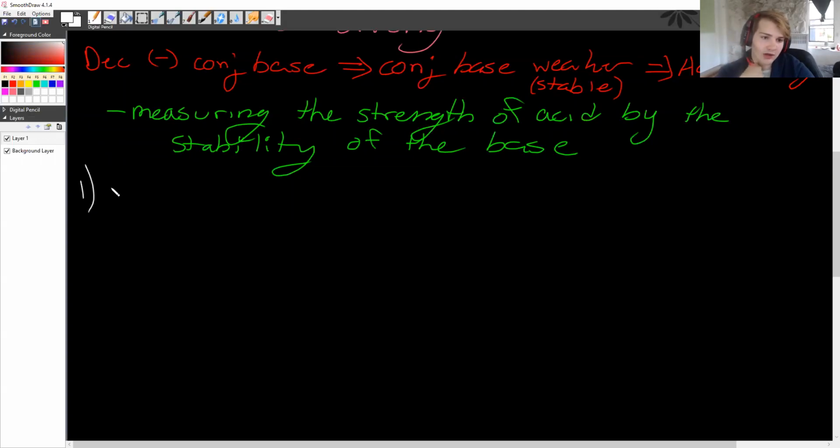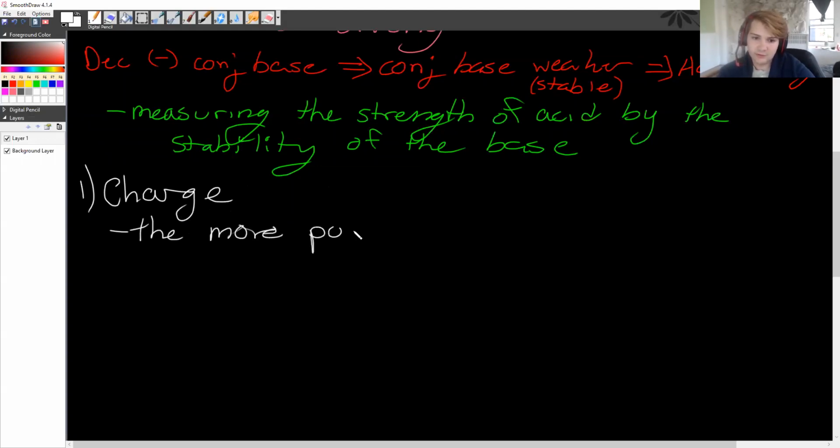All right, we are going to be talking about, first one is charge. What I'm going to tell you is that the more positive the species or the atom or the molecule, the more acidic.